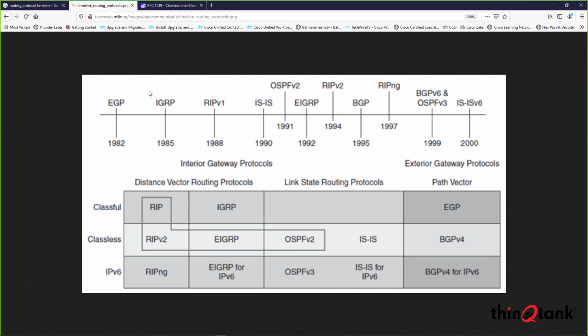IGRP was the very first interior routing protocol, something you would use in your enterprise, developed by Cisco in 1985. And then 90, 91, 92, all these protocols came out. And guess what? All of those protocols are classless, which means they support subnetting, because they send the subnet mask information along with the routing updates.